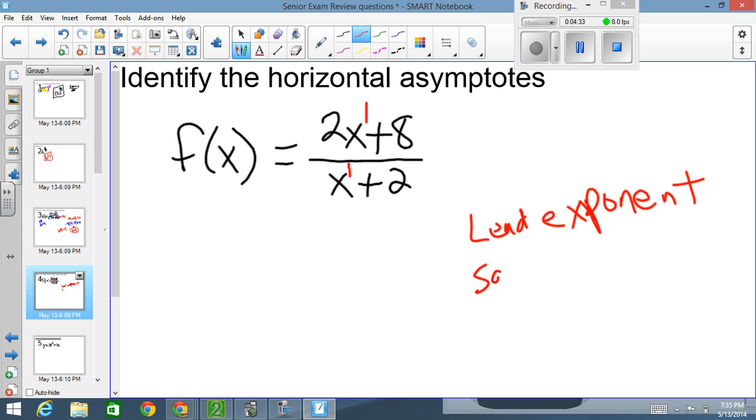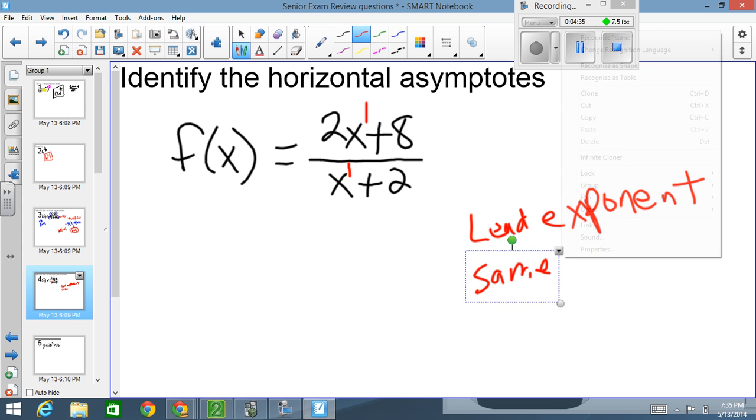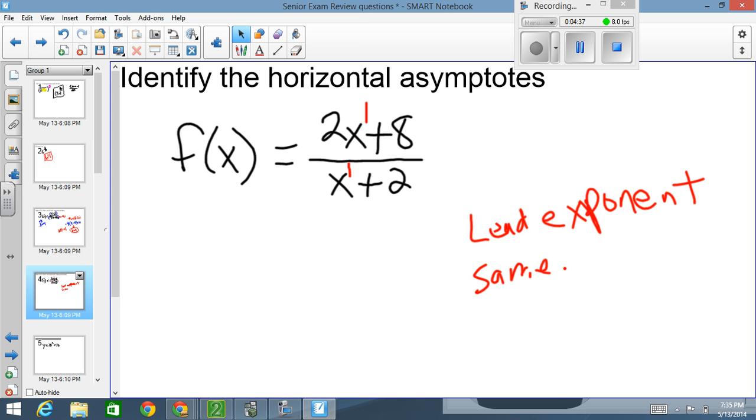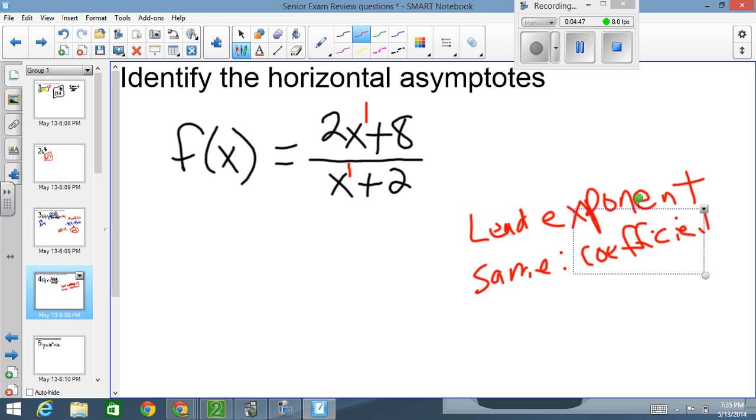So when these are the same, which is the case we have now, we use their coefficients as a fraction. So I have a 2 over a 1, so my horizontal asymptote will be at y equals 2, which is just 2 over 1.